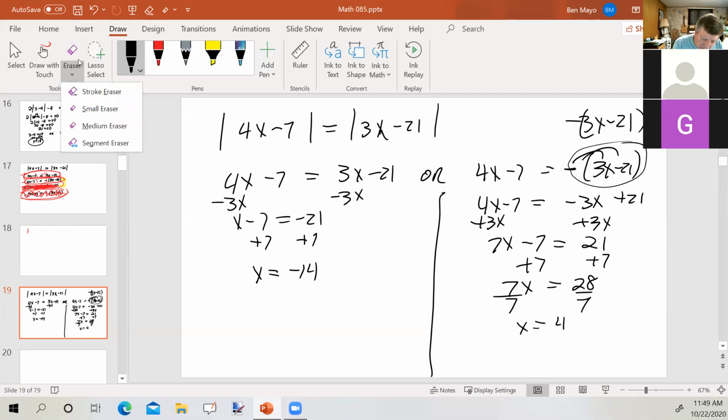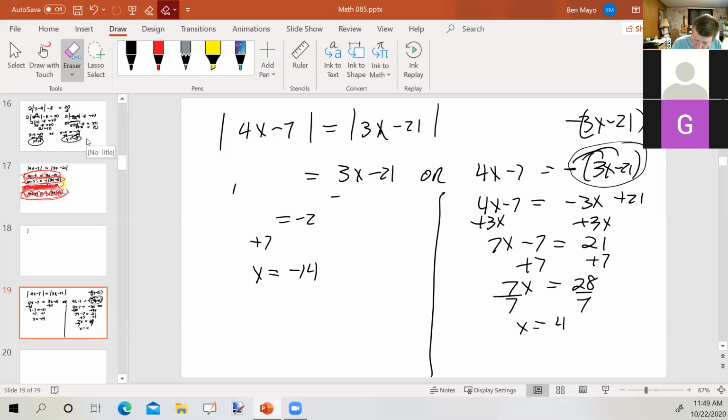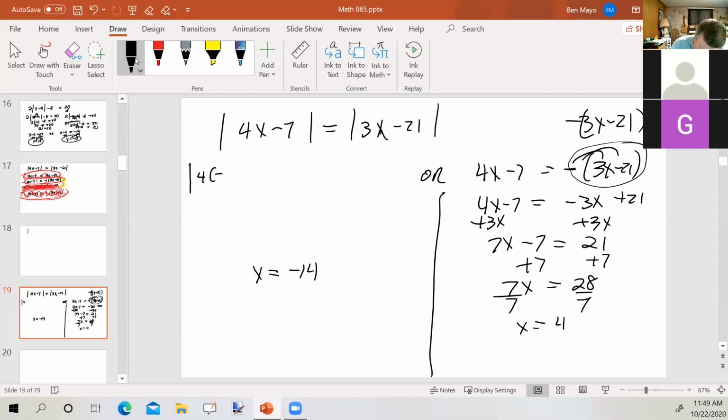Once again, I'm going to erase some stuff that's there to leave room to check my work so I don't have to go to a next page. If x is -14, we would get the absolute value of 4 times -14 minus 7 equals the absolute value of 3 times -14 minus 21. What is 4 times -14?